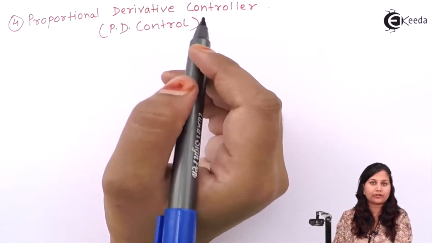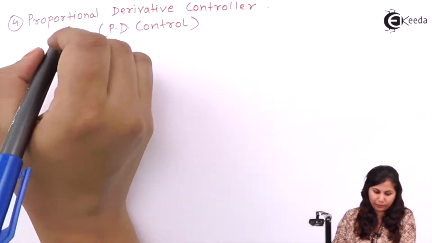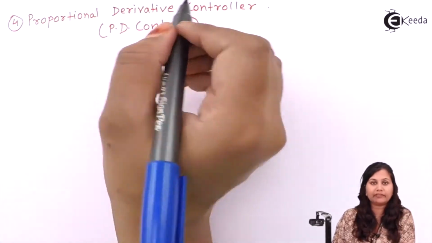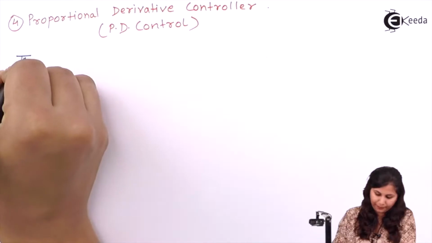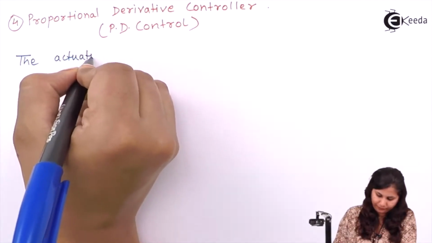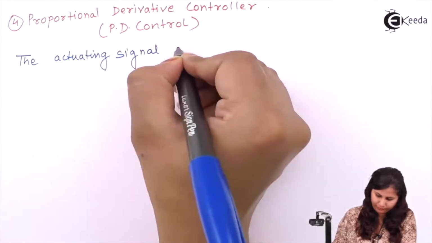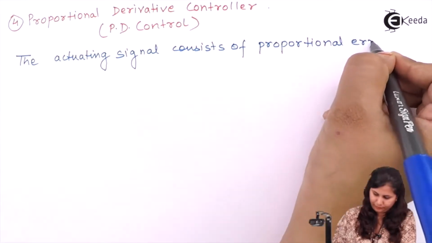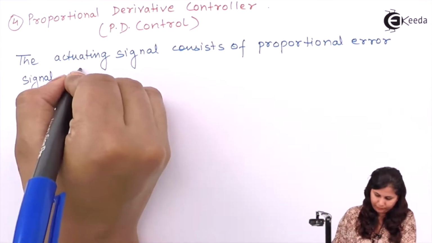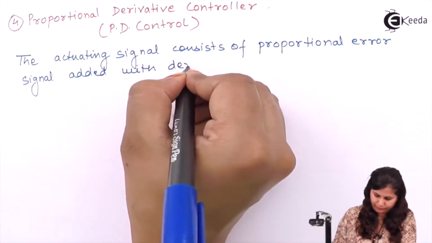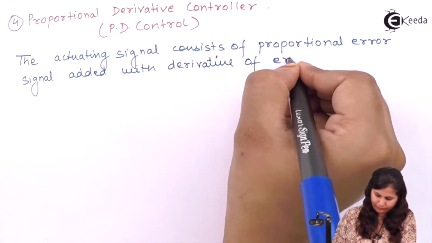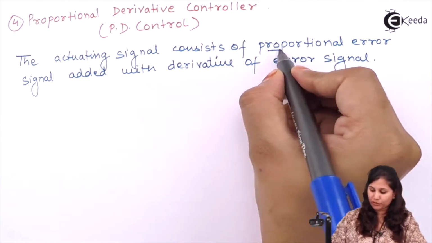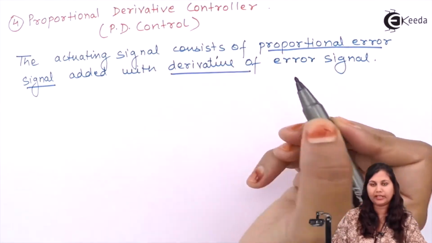Now here the actuating signal will consist of both the proportional error signal and the derivative error signal.